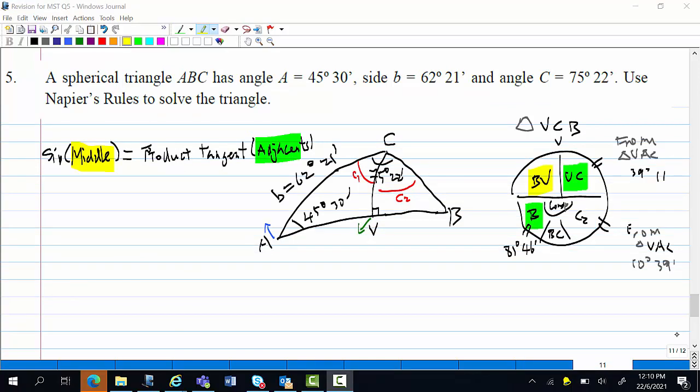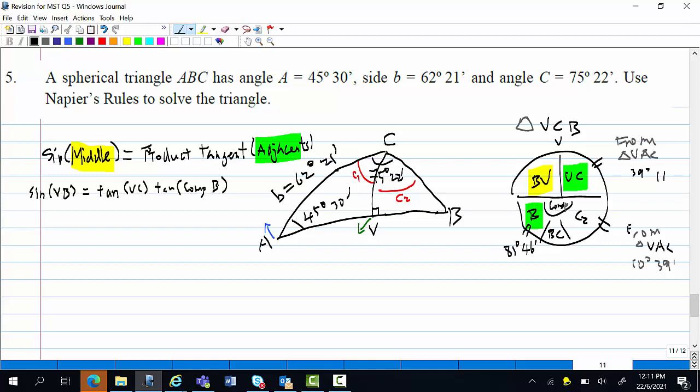Next, we are going to find PV with the middle part yellow. It is the product of tangent of the adjacent now. So you get sine of VB is equal to the product of tangent. One of them is VC, and then the other one is angle B. So we have co-B because angle B is on the lower half of the view.